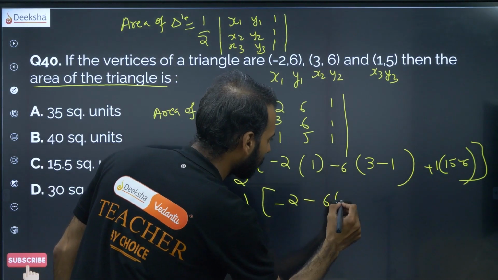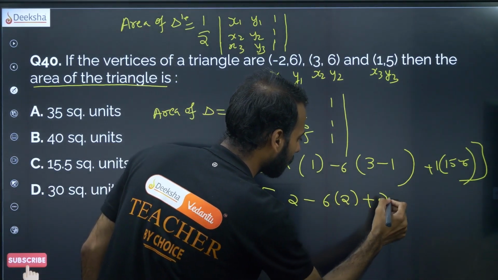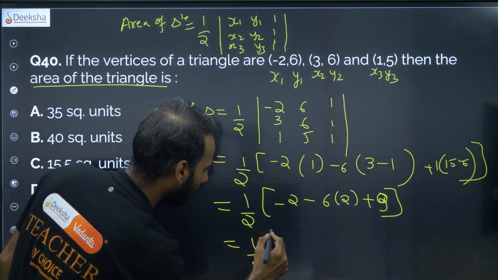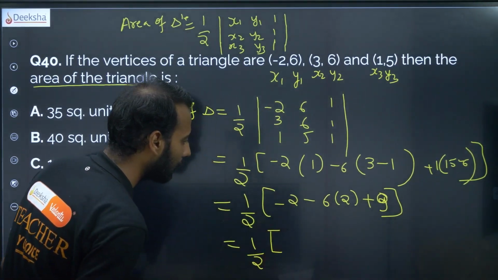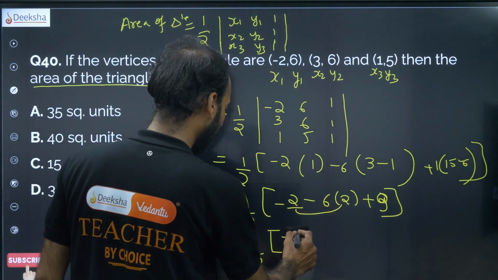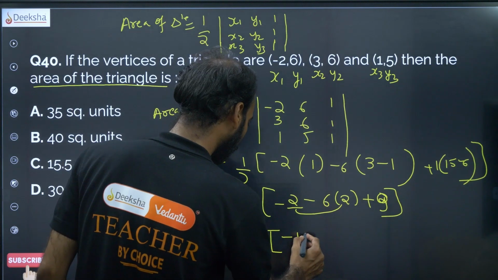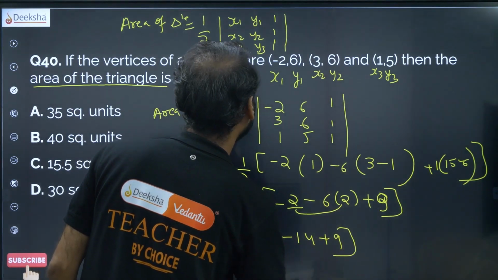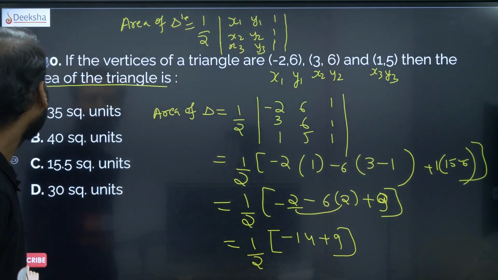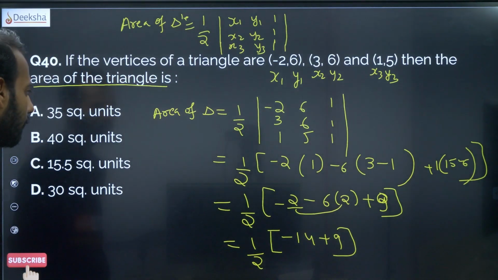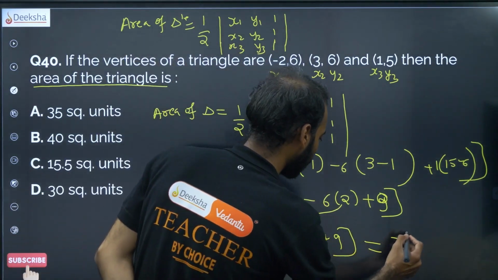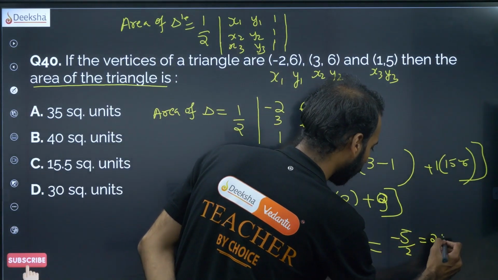Negative 2, negative 6, 2 plus 15 minus 6 is 9. So 1 by 2 of negative 6, minus 2, minus 12, minus 14 plus 9. Then the area of the triangle is, whatever the answer, minus 14 plus 9 is minus 5 by 2. So 2.5 square units.